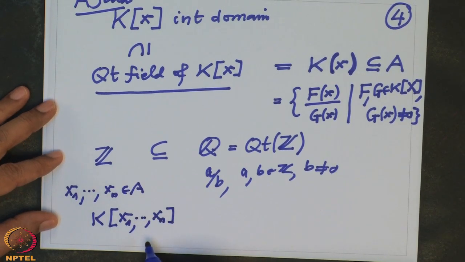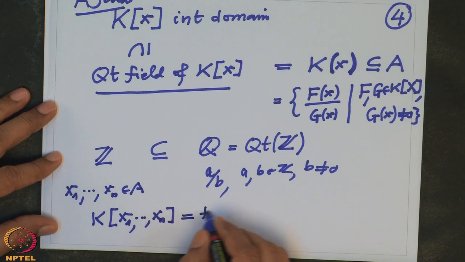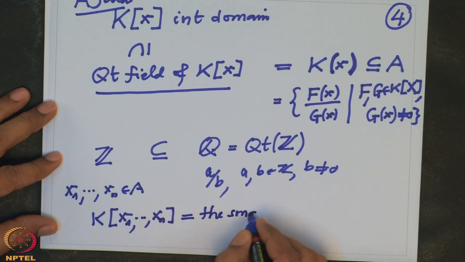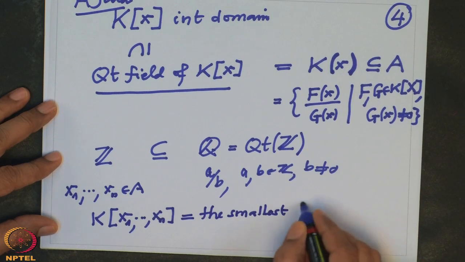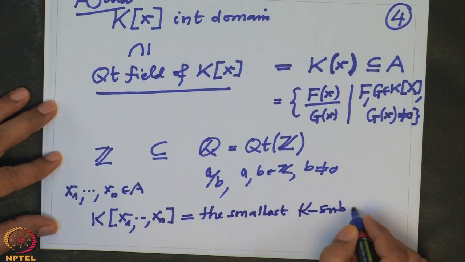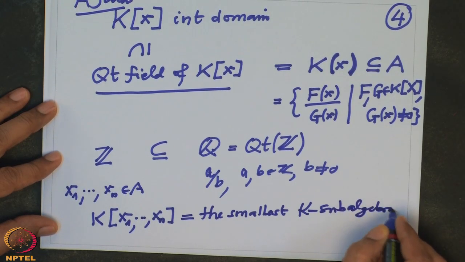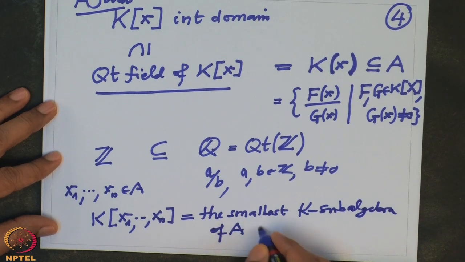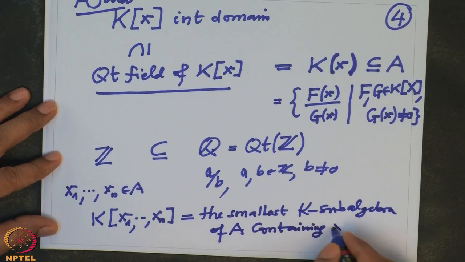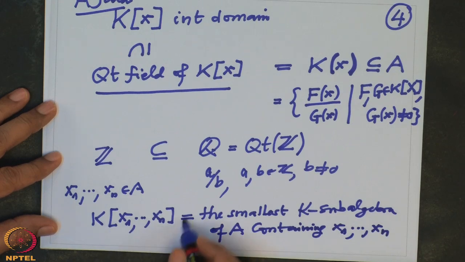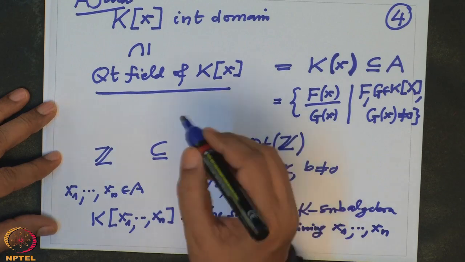Subalgebra generated by them means the smallest K subalgebra of A containing all these guys x1 to xn. So, if this is an integral domain, I talk about the quotient field, and then I use the notation K round bracket x1 to xn.